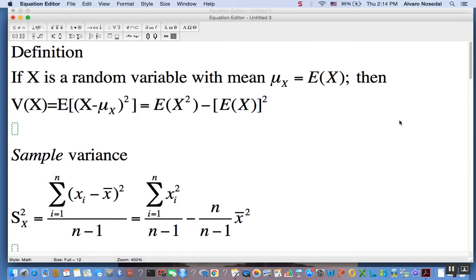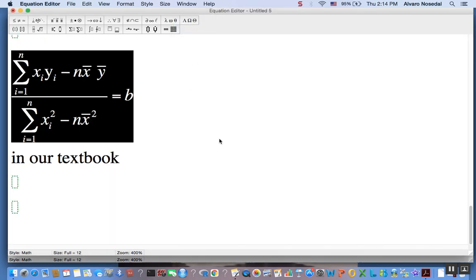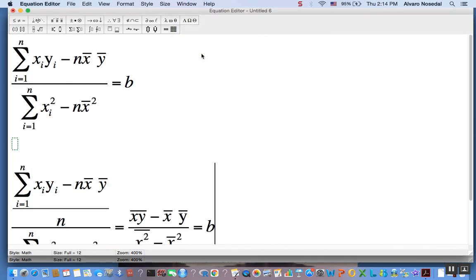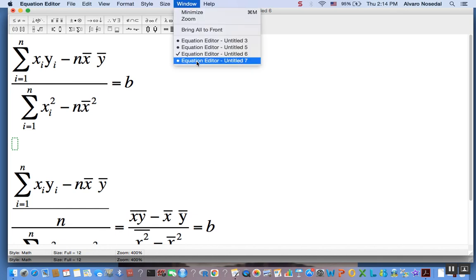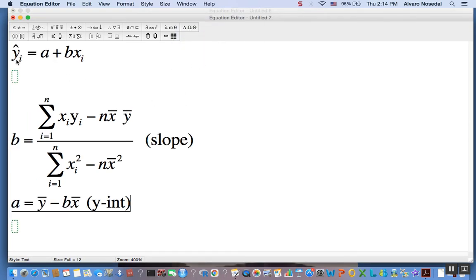So, summary of what we wanted to do. We had a set of n pairs of numbers, x1, y1, x2, y2, up to xn, yn. We had a scatter plot, and we wanted to come up with the line that fits our data best. The criterion was minimizing the sum of squares for error.